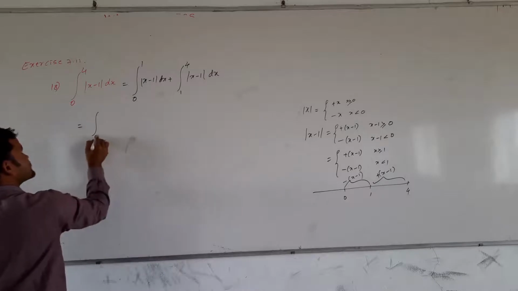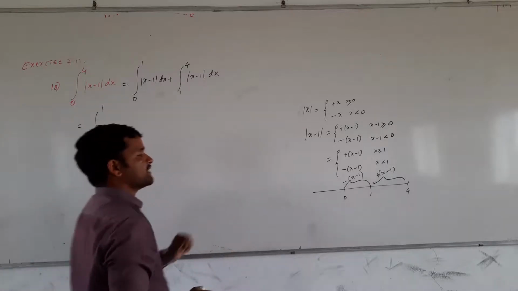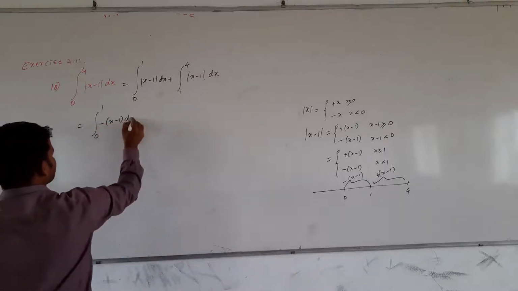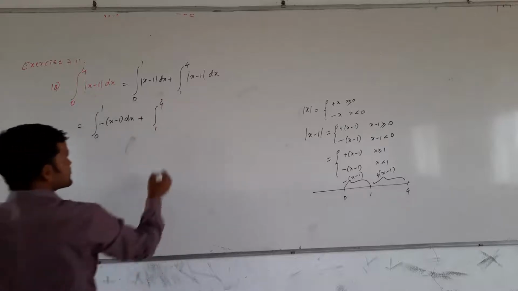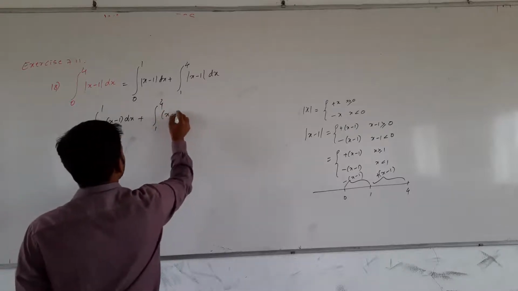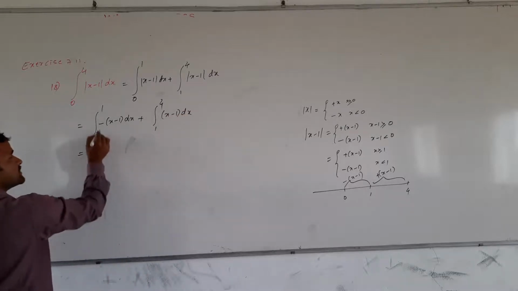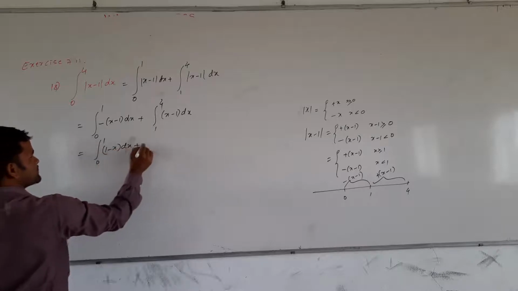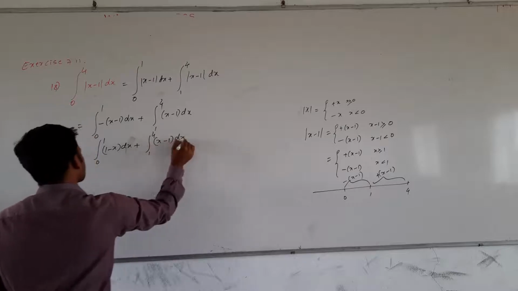From 0 to 1, modulus of x minus 1 is minus of x minus 1 into dx. Next, from 1 to 4, modulus of x minus 1 is plus of x minus 1 into dx. For 0 to 1, the minus gets multiplied with these two, so we can write 1 minus x into dx. It is 1 to 4 of x minus 1 into dx.